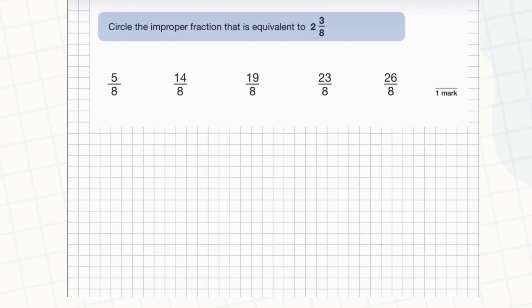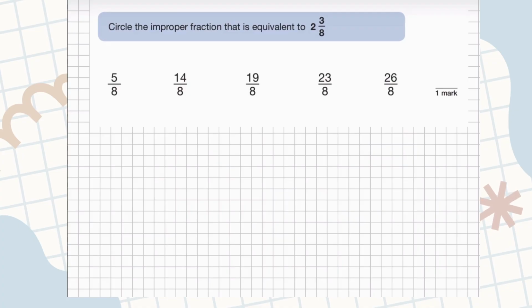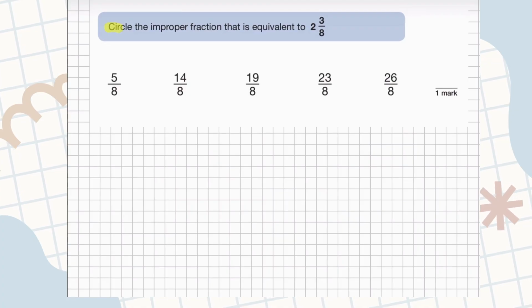Let's have a look at a test question that talks about improper fractions and mixed numbers. It says, circle the improper fraction that is equivalent to 2 and 3/8. So, I'm looking at improper fractions. I can already see one of the fractions below is not an improper fraction. Improper fractions have the numerator that is bigger than the denominator, so 5/8 I can already get rid of.